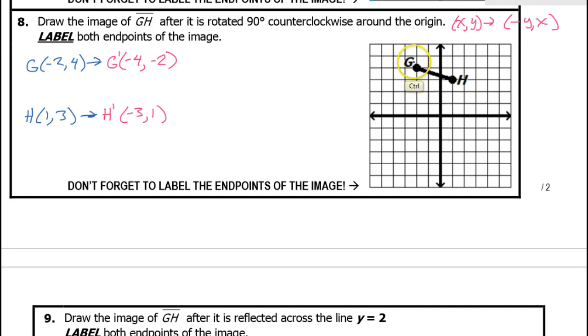So if I want to draw a path to point G, that would look like this. I think I need to use a fatter pen for this. Alright, so the path from the origin to point G would be like this. Okay, so that was left 2 and up 4. So I can rotate this pathway 90 degrees counterclockwise. Counterclockwise is in this direction, the opposite of a clock.